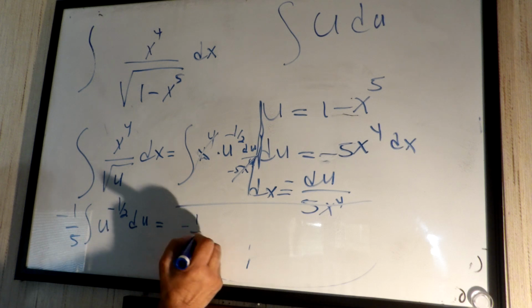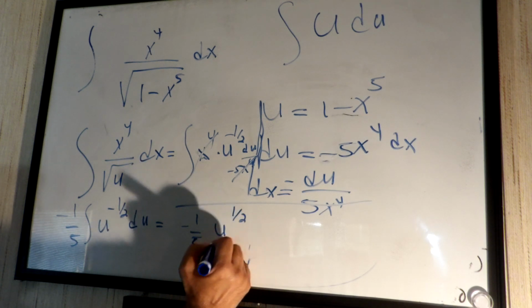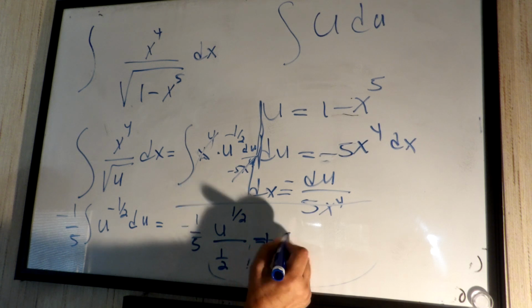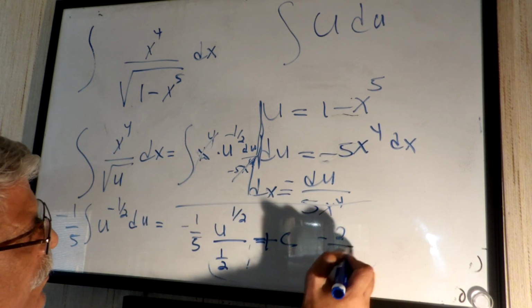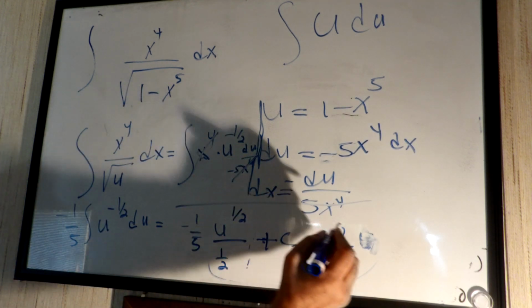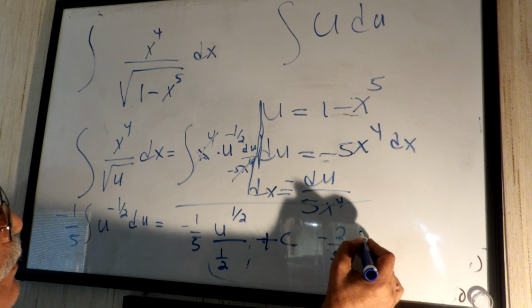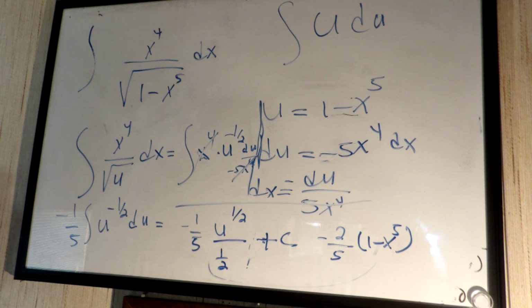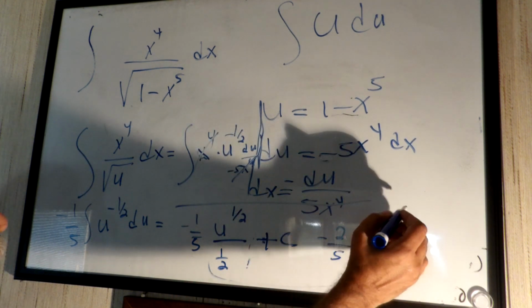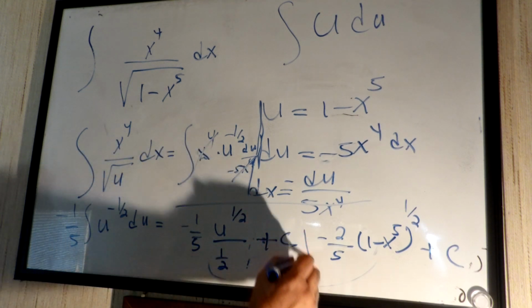Then you can see minus 1 over 5 times u to the power of 1 over 2 plus 1, divided by 1 over 2 plus 1, plus c, and this is going to be minus 2 over 15 u^(3/2)... which we can write as (1 - x^5) to the power of 1 over 2 plus c, and this is the answer.